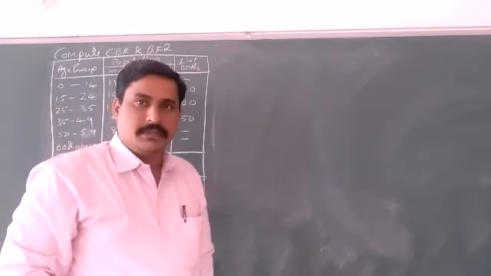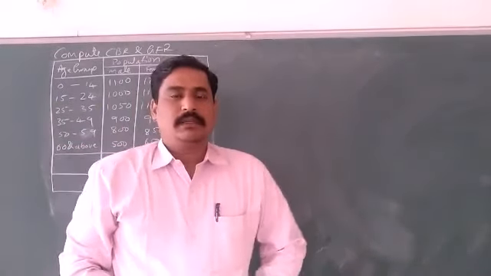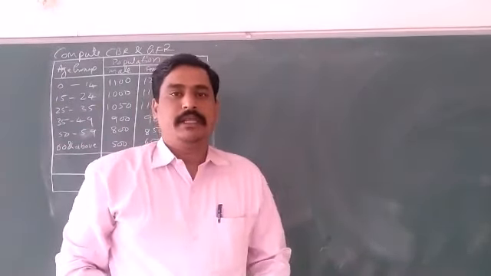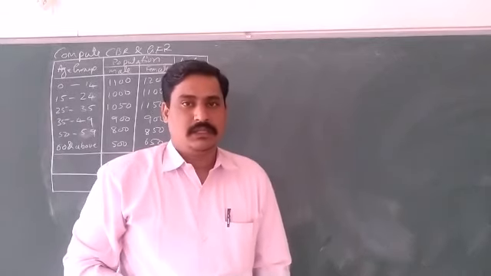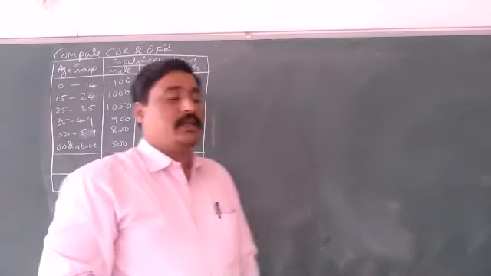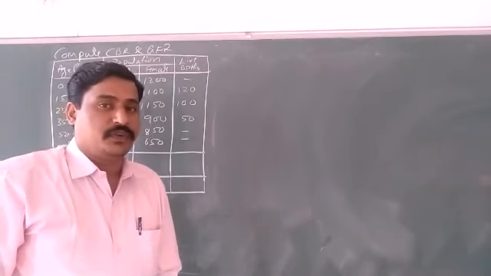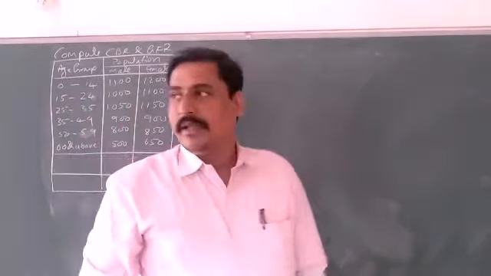To calculate CBR, we already learned that we need both male and female population, and to calculate GFR, only the female population of childbearing age is required, and childbearing age is 15 to 49 years. Here the female population for 15 to 49 years is in 3 different age groups: 15 to 24, 25 to 34, 35 to 49, and we also have live births here.